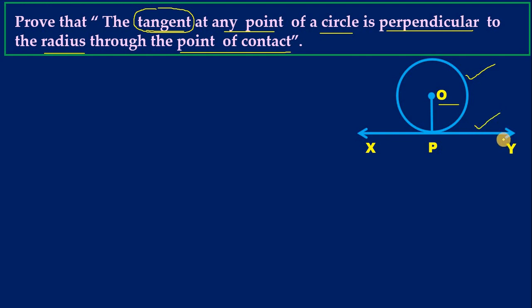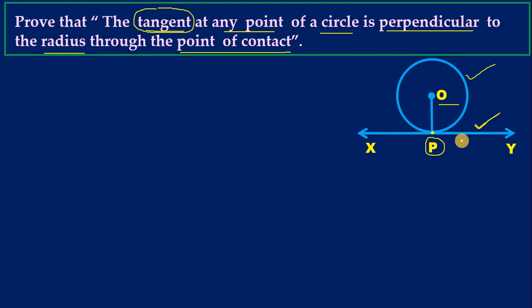This line intersects the circle at only one point. At this point it is intersecting. Hence XY is called tangent. This point I have denoted by P, and we call it the point of contact.